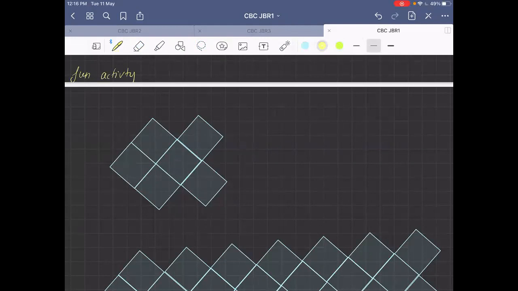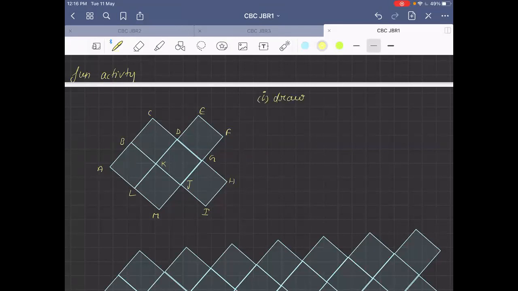The game is you need to draw the structure from point to point without lifting your pen and without drawing a double line between two points. Very simple.